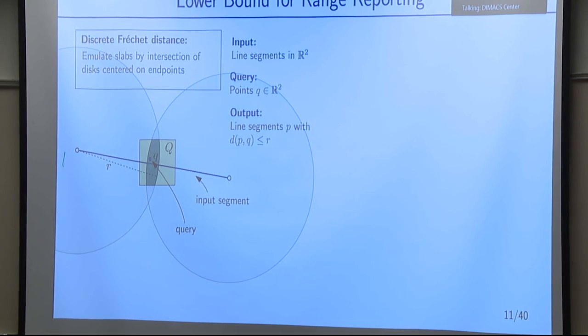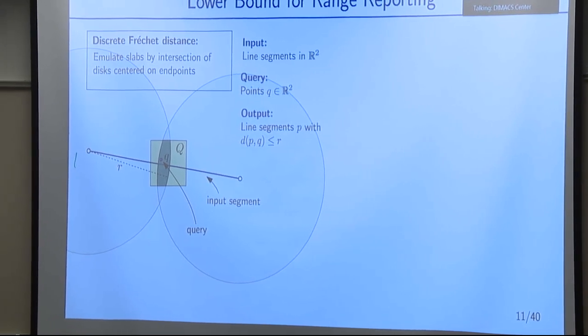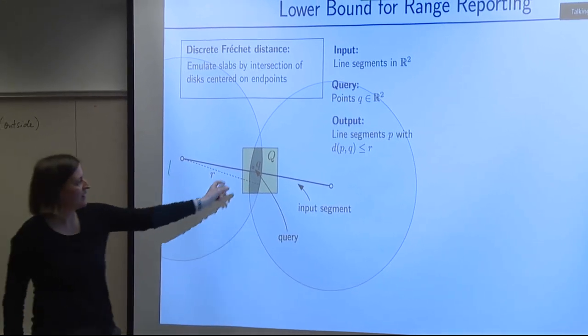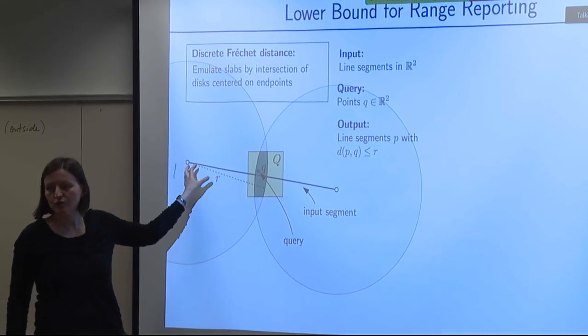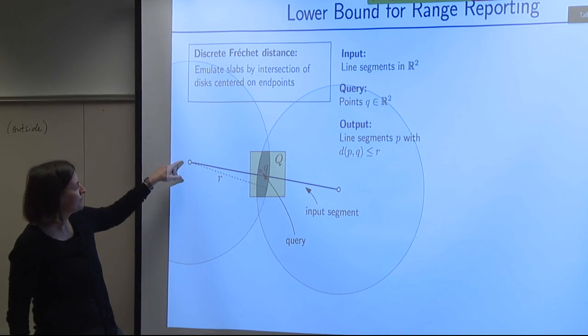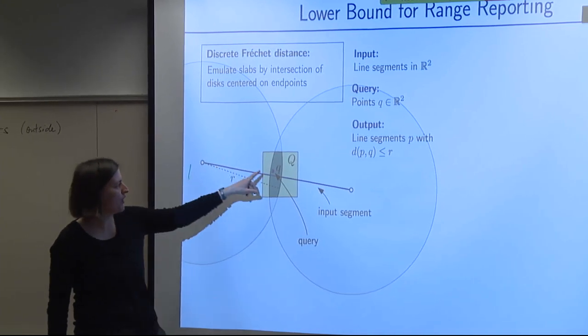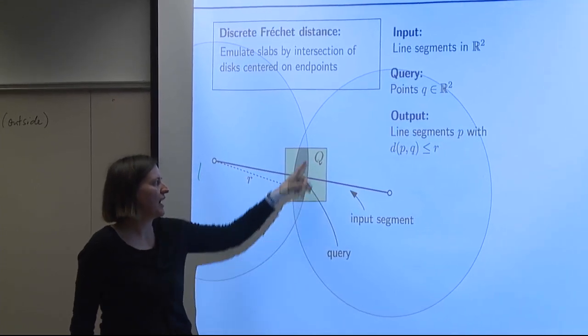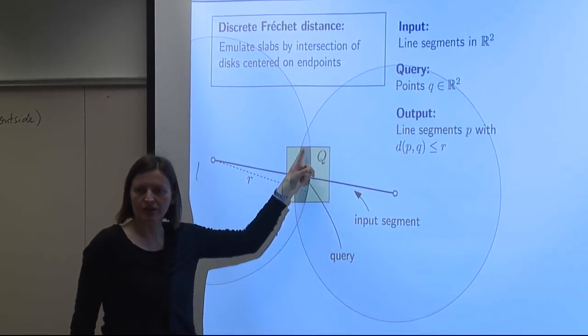And now we can do the same thing for discrete Fréchet distance. We can emulate these slabs by the intersection of two disks. So here, the points that are within discrete Fréchet distance of this line segment all have to lie in this intersection of the two disks.